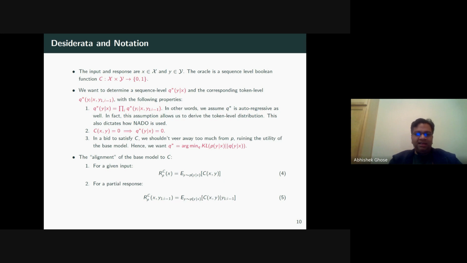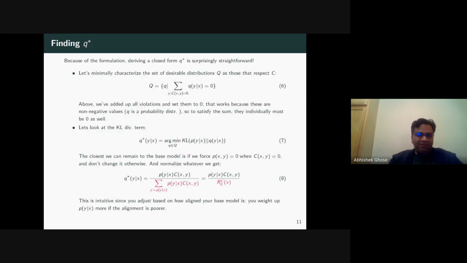So typically when we see KL divergence show up, like let's say in variational inference, we suspect that there is a heavy optimization coming next. Here surprisingly it's just a one line solution. So right, the optimal q star for the sequence is actually a one line solution, right?